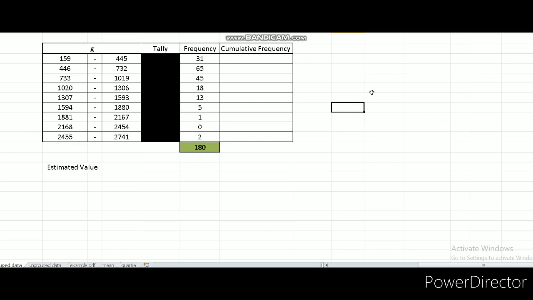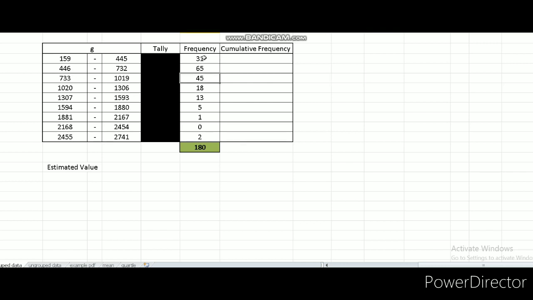Before we go further to find the location and the values, first let's add a new column to your table, which is cumulative frequency. How does it work? The cumulative frequency tells us, when we sort the data into a series up to 180, how far we have gone for certain groups.